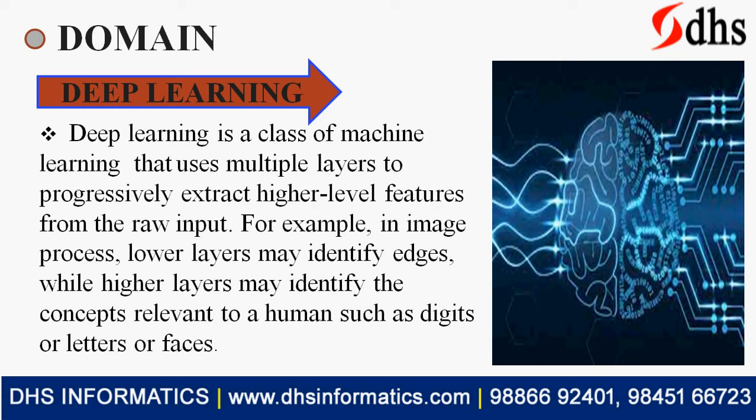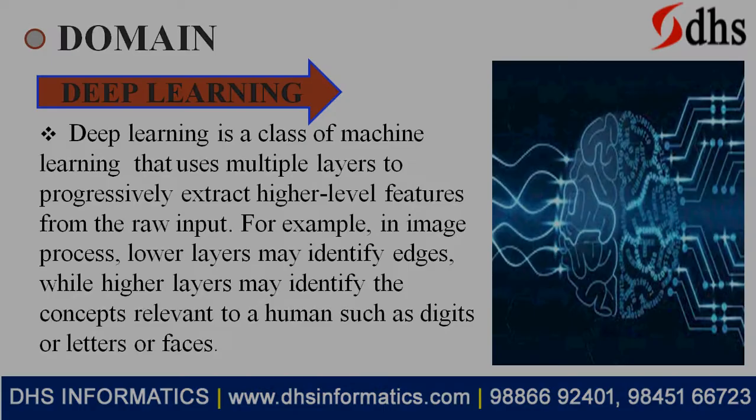Neural network means our human brain also works on a neural network. So deep learning is more or less like a human brain. It is a very advanced concept at present in the data science and AI industry. So we are using the deep learning technique in this project. Mainly we are using a convolutional neural network in this project.